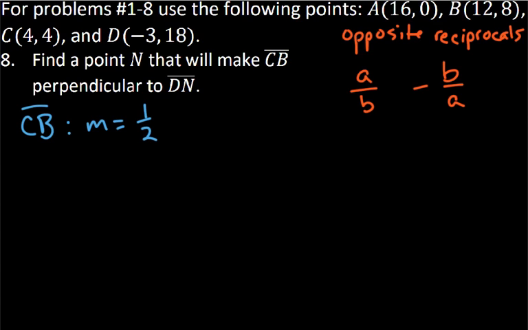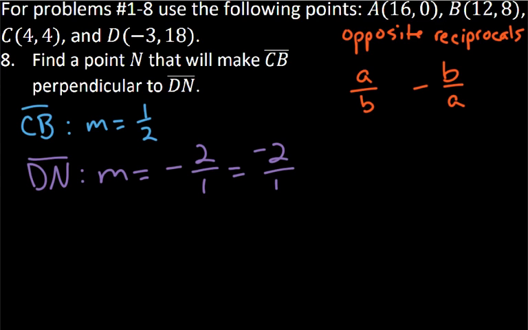So that means that our segment DN must have a slope of negative 2 over 1, which is negative 2. Remember that a slope is calculated as delta y over delta x, or change in y over change in x.